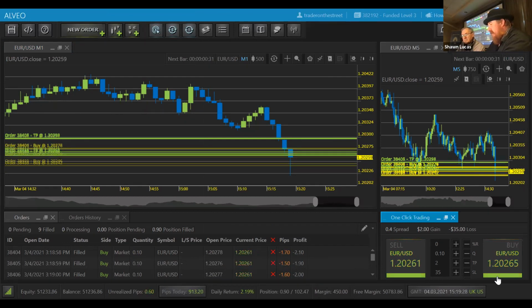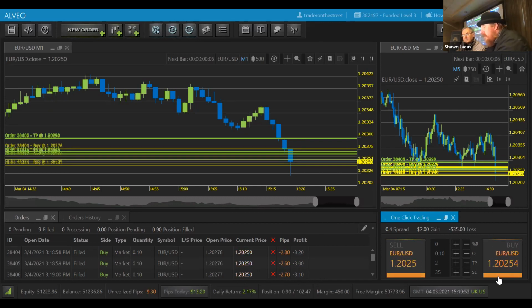The analysis that we said right in the beginning is we see that wicky market behavior. We might have missed a little bit of that. Come on, jump up a little bit more. Okay, if it pops back down a little bit, we're going to add a couple more positions to this. But really what we're hoping to form is a wick here.